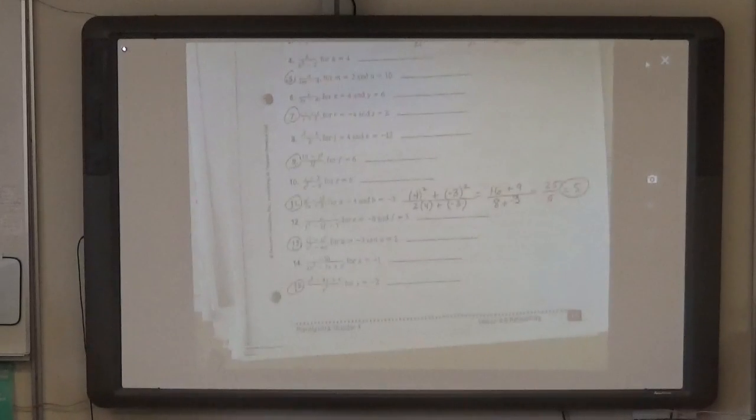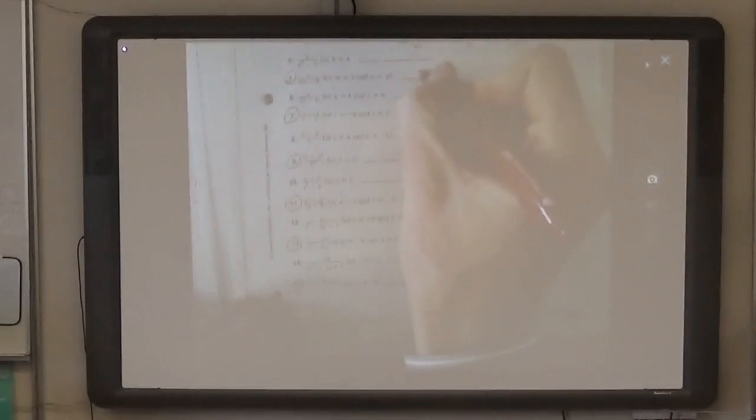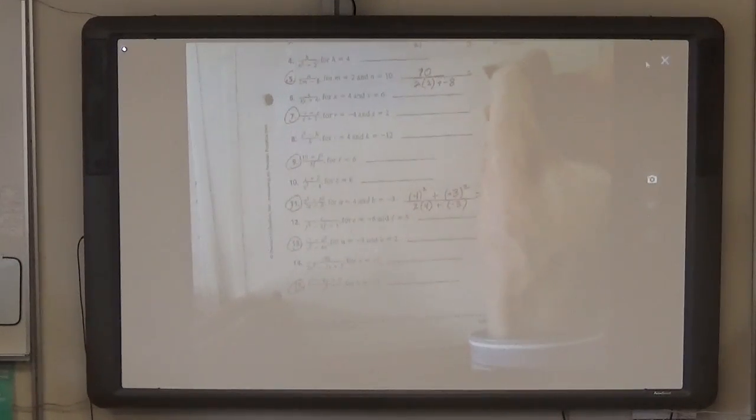Alex. I have a question on number 5. So it would be 10 over 2 times 2, or 2 in parentheses, plus negative 8, which would be 10 over negative 4. And then if you simplify that, it would be 1/4.